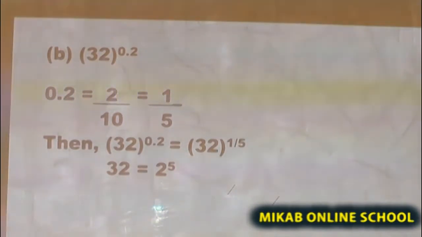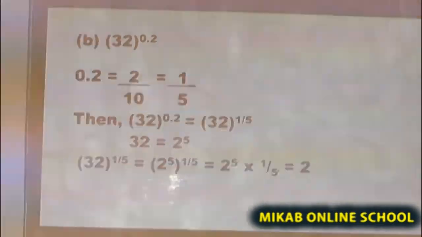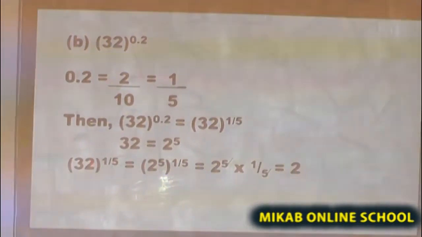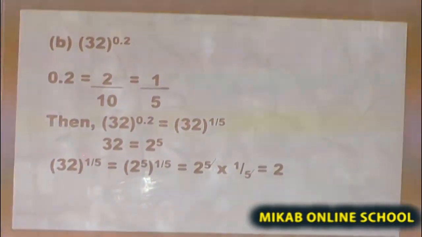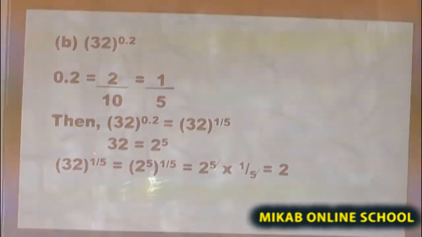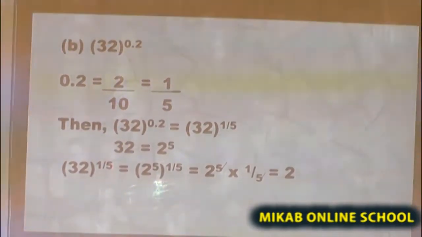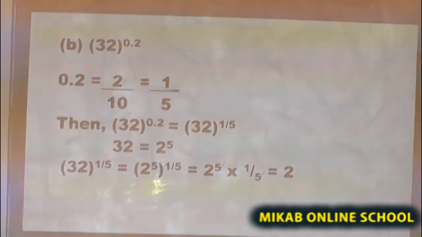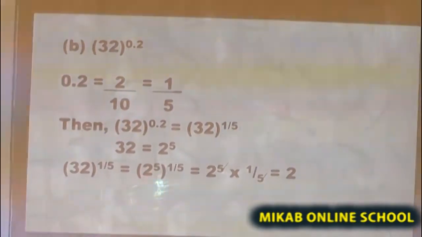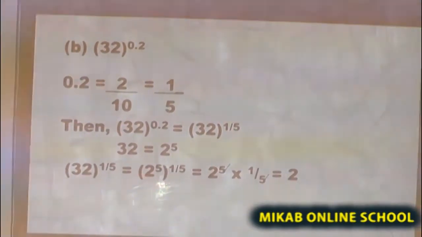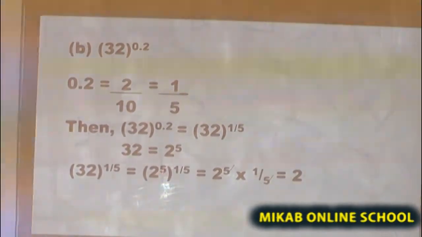And if you now take this 2 raised to the power of 5 in position of this 32, this expression open bracket 32 close bracket all raised to the power of 1 over 5 will now be equals open bracket 2 raised to the power of 5.